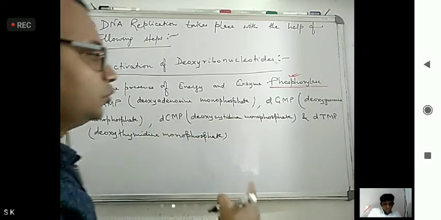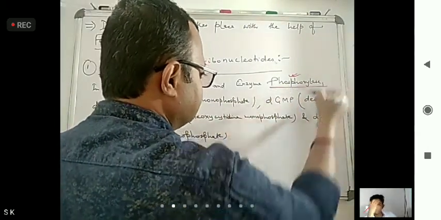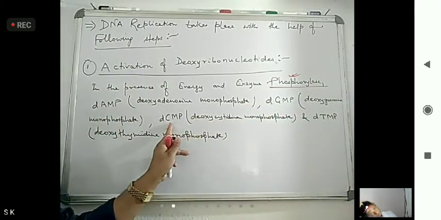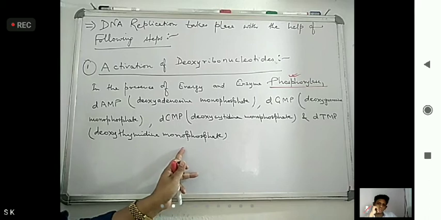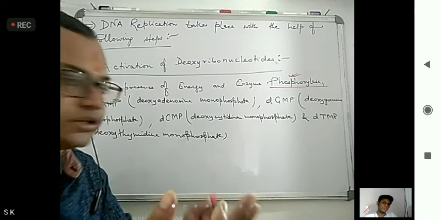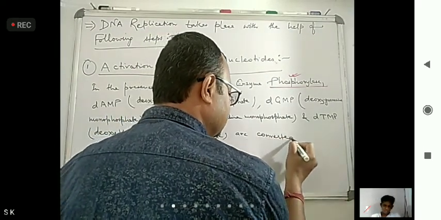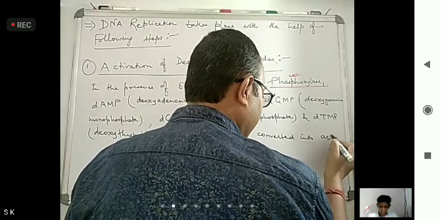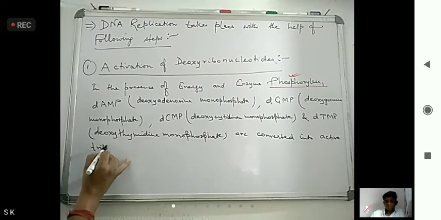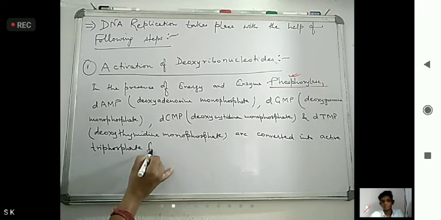Now, in the presence of energy and enzyme phosphorylase, these four, dAMP, dGMP, dCMP, and dTMP, are converted into active triphosphate forms.